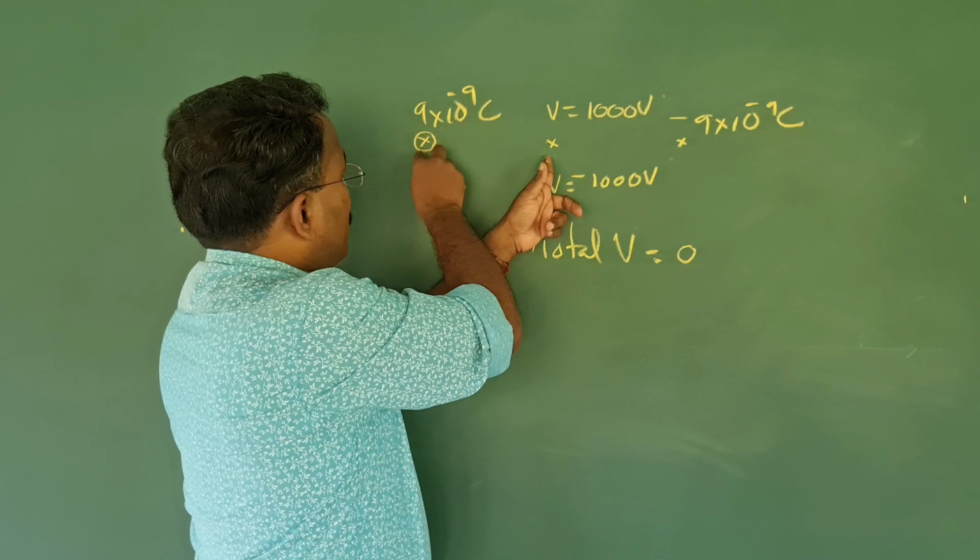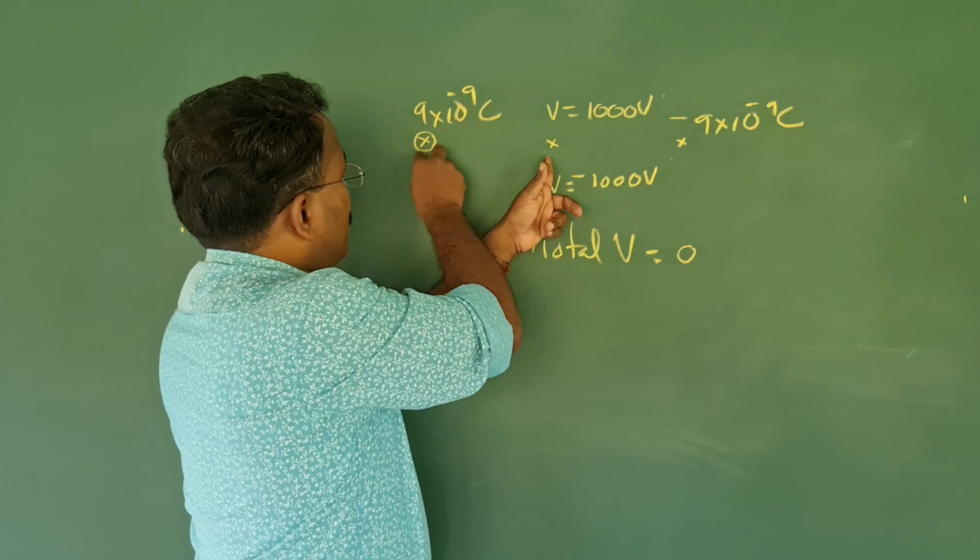Are there any more points? Yes, of course there are. The points to this side and to that side, which are at the same distance from this charge, are also at 1000 volts. Means now you can imagine a sphere concentric with this charge with radius 9 centimeter.